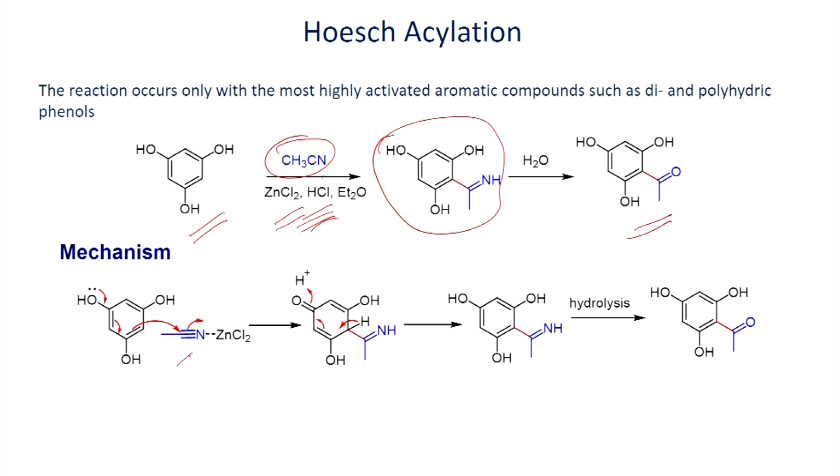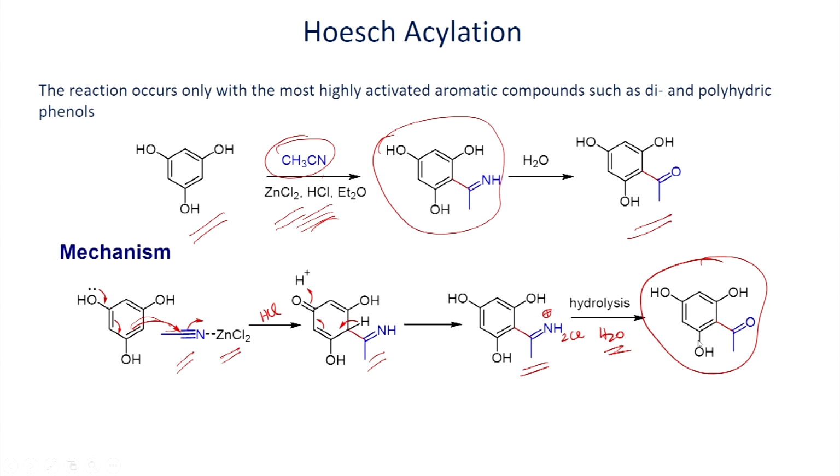Now, let us see the mechanism. As you can see, the acetonitrile makes chelation with the zinc chloride. Then this aromatic ring undergoes addition reaction with this nitrile to give this imine intermediate. Once you form this one, it can lose a proton to give this imine intermediate. Once we have this imine, it can undergo hydrolysis to give the ketone as the product.